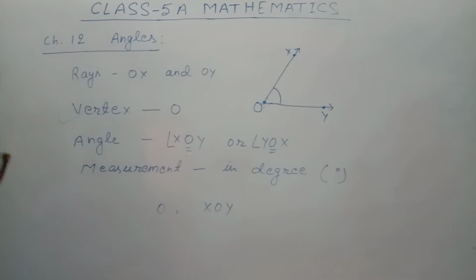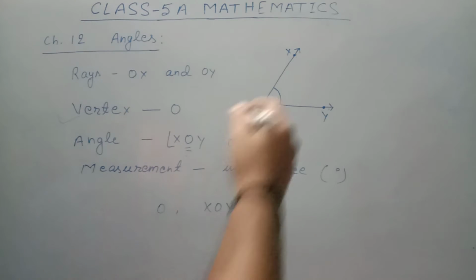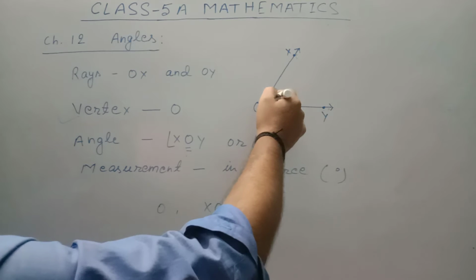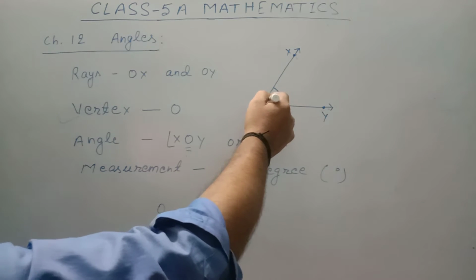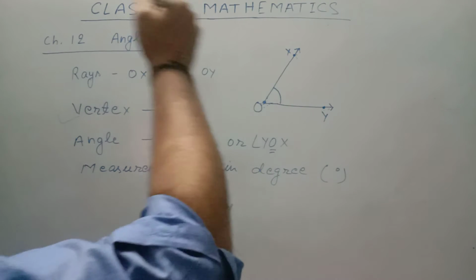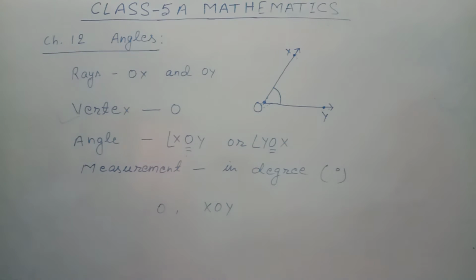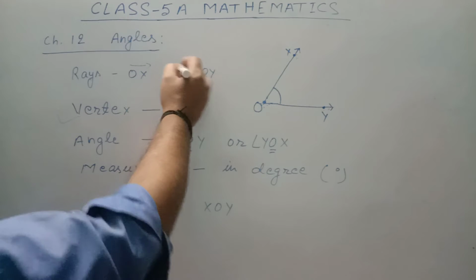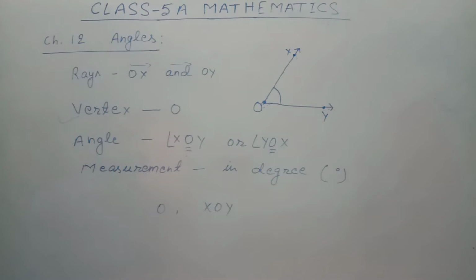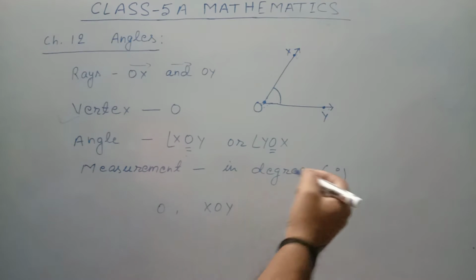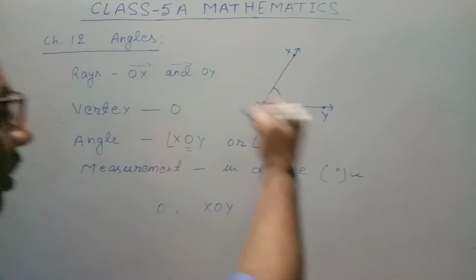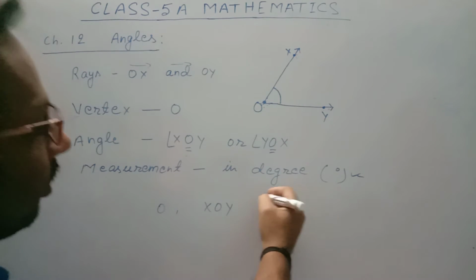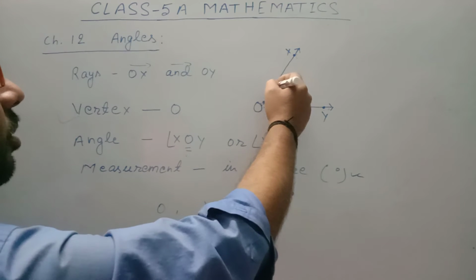So when two rays meet at a common point, one angle is formed at that common point. It is measured in degrees. This is the symbol of degree. We say 50 degrees, this is the measurement.